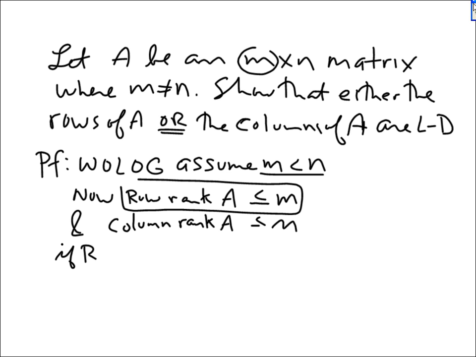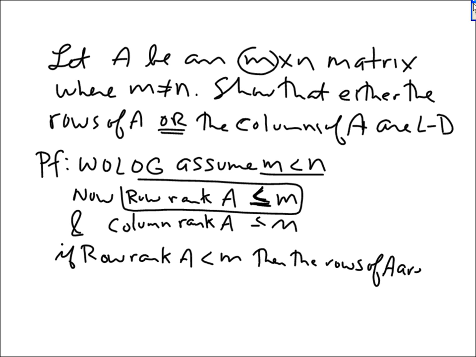So m was smaller. Either the rank of A is equal to m or it's less than m. We're going to look at both cases. If the row rank of A is less than m, well, then we're done. Then the rows of A are linearly dependent.